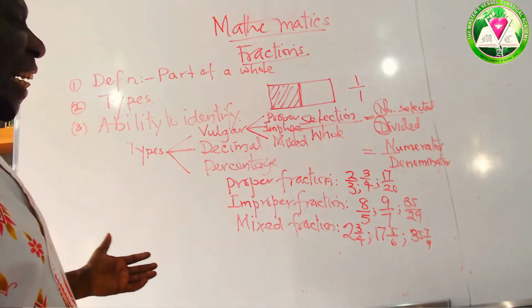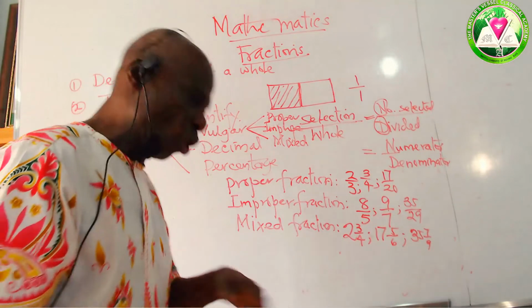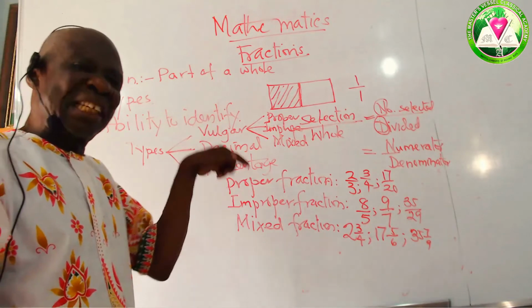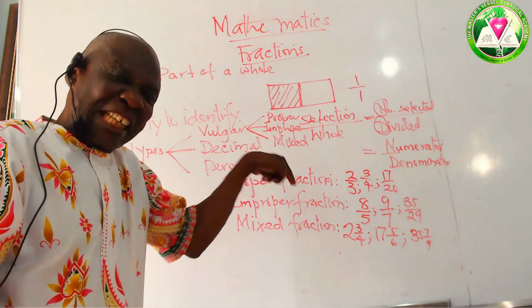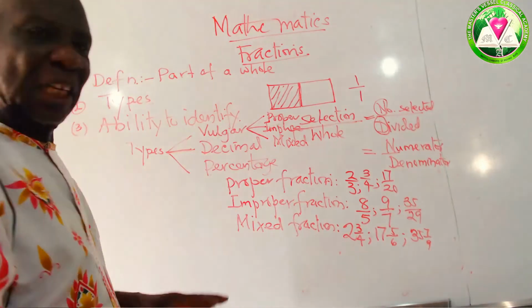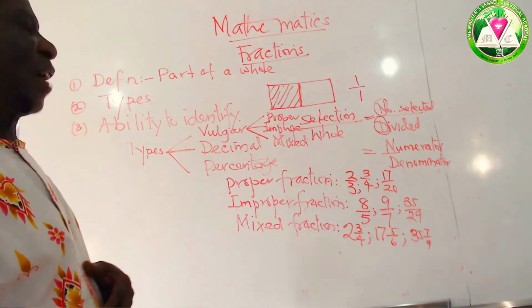If by mistake you have a whole number and an improper fraction, it can no longer be called a mixed fraction, because something has to be done to that improper fraction inside it to make it proper. Therefore, it does not qualify as a mixed fraction.